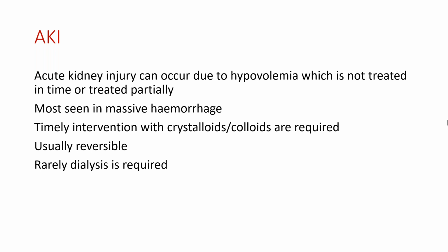The urea and creatinine will be increased, but if you start management immediately when you diagnose the AKI, the condition may be reversible and the patient comes out of it.